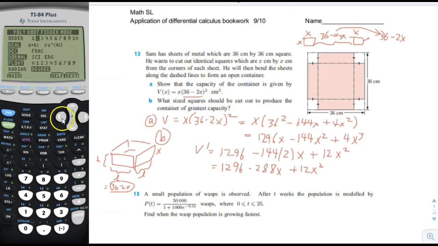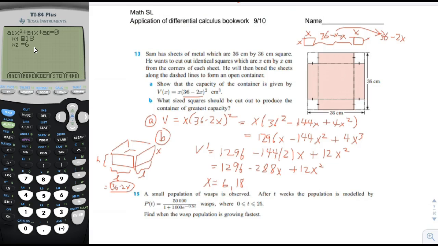And we're going to put in 12 for A2 because it's multiplied times x squared, and we'll put negative 288 in for A1, and then we're going to put 1296 for A0, and the roots are 18 and 6. Okay, so those are the two possibilities. Those are the stationary points.